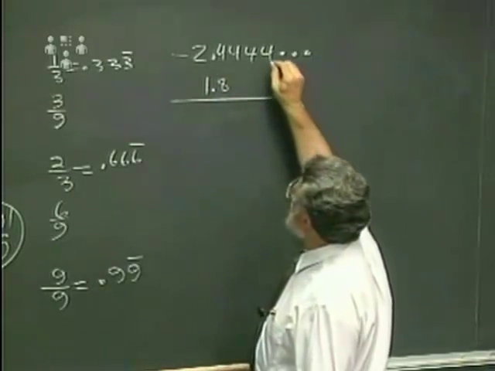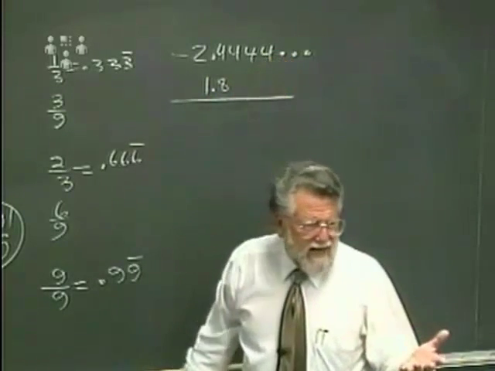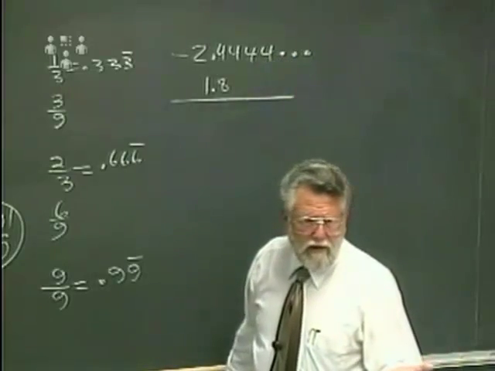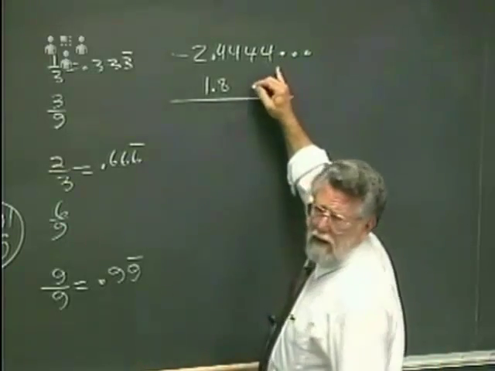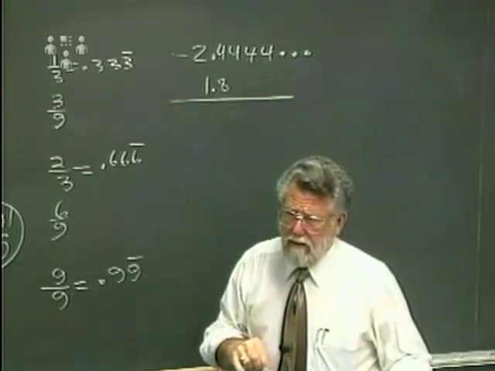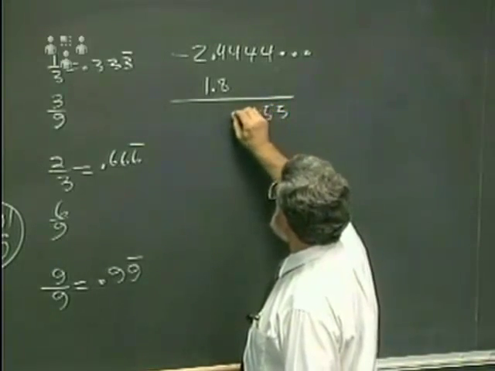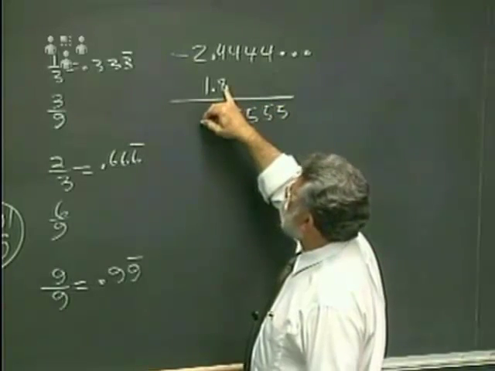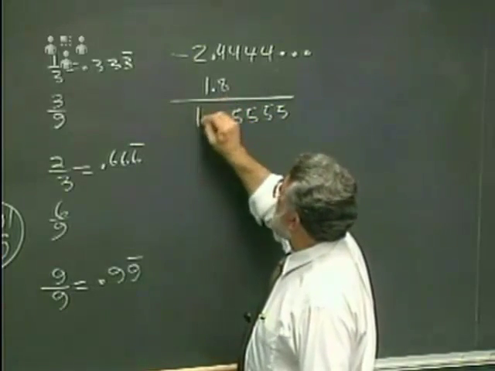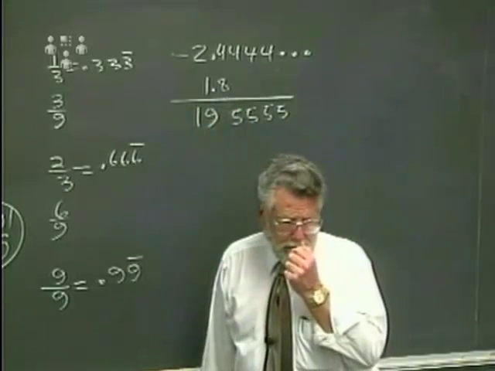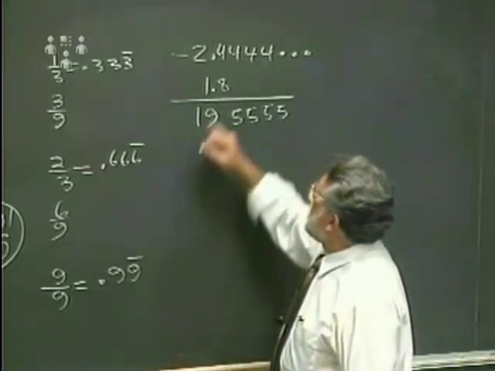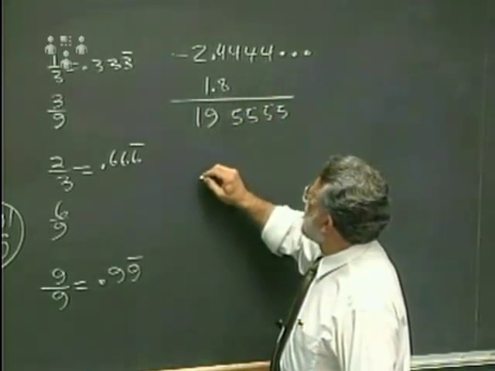Now, I know I'm going to have a 2 at the end, technically speaking, because 8 times 4 is 32. But I'm going to do what? Carry the 3 at that point. So I'm going to get a bunch of 5s. And then, finally, when I get to that last one, this becomes a 19. Now, when I multiply 1 times that, that's pretty straightforward.